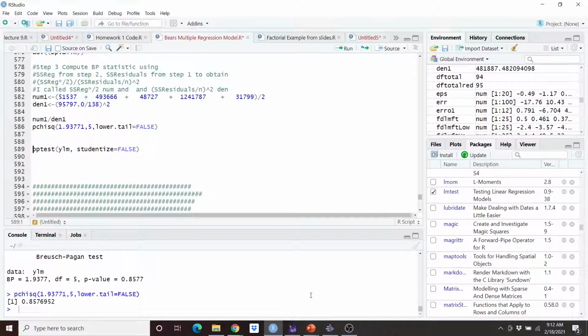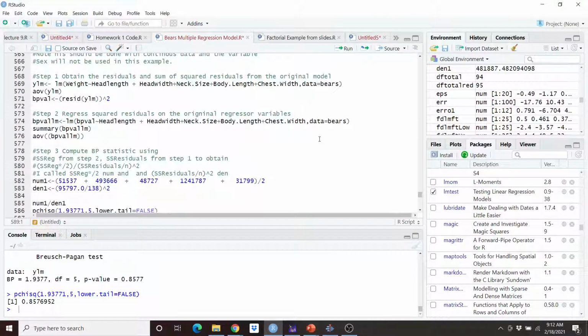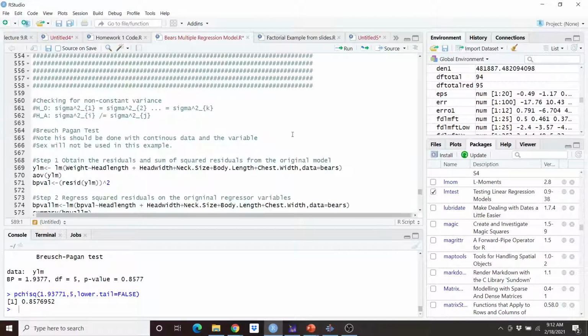Thus, we would fail to reject our null hypothesis. By failing to reject our null hypothesis, what we're saying is that we don't have enough information to be able to conclude that there is non-constant variance. That's what we want. We want our variances to be constant.